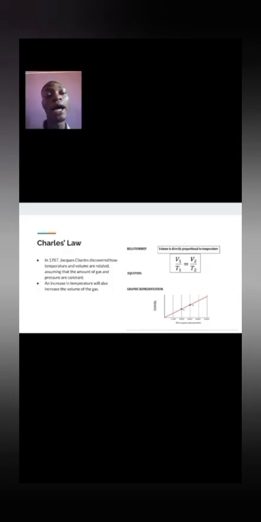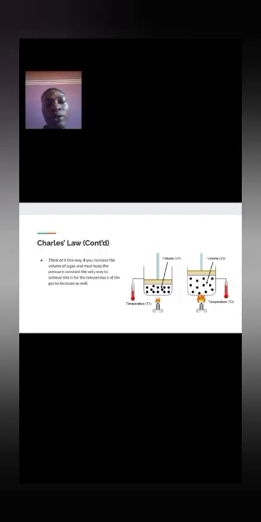This is Charles' law, and it showed us the relationship between temperature and volume and how it affects gases at constant pressure and a constant amount of gas. Think of it this way: if you increase the volume of a gas and must keep the pressure constant, the only way to achieve this is for the temperature of the gas to increase as well.